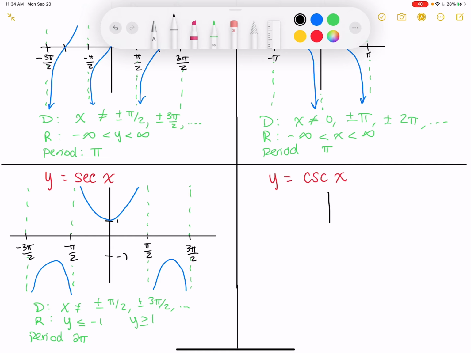So then for cosecant, this one's going to go out to 2 pi. And it's going to have asymptotes at 0 and then at the pi's.